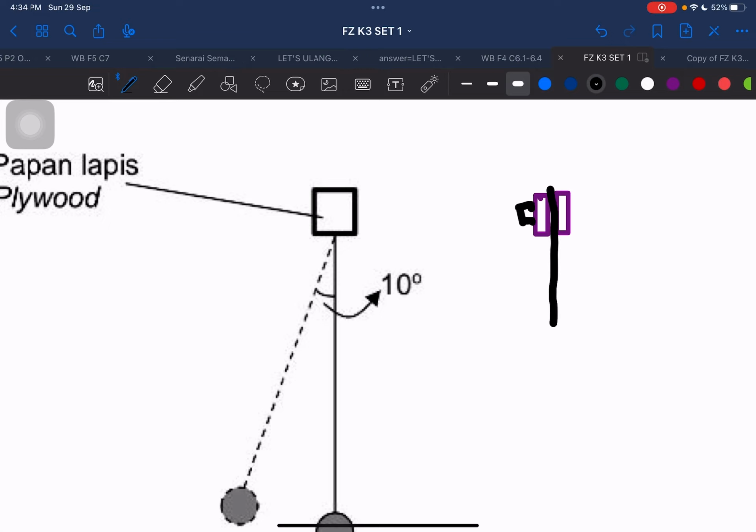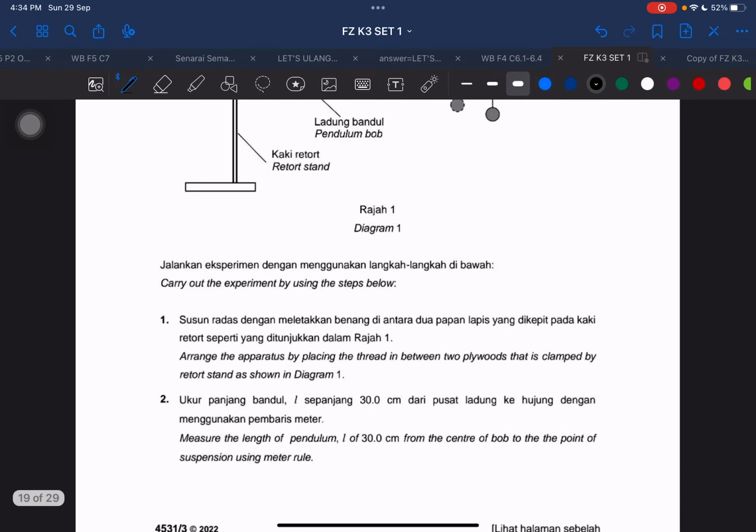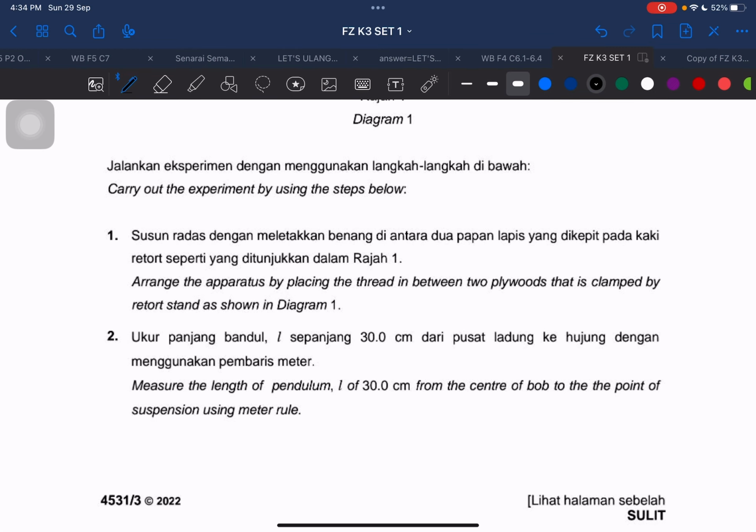Here you clamp, and the pendulum bob like that. In the first 5 minutes, just read. You cannot hang your pendulum and so on. Just read the question and plan.